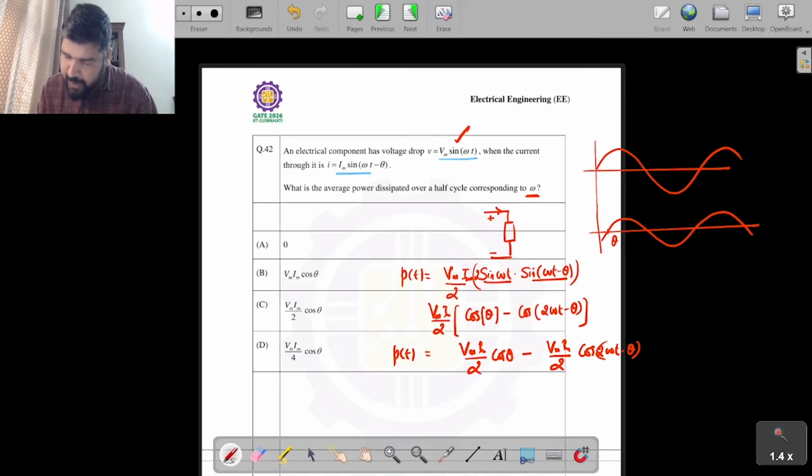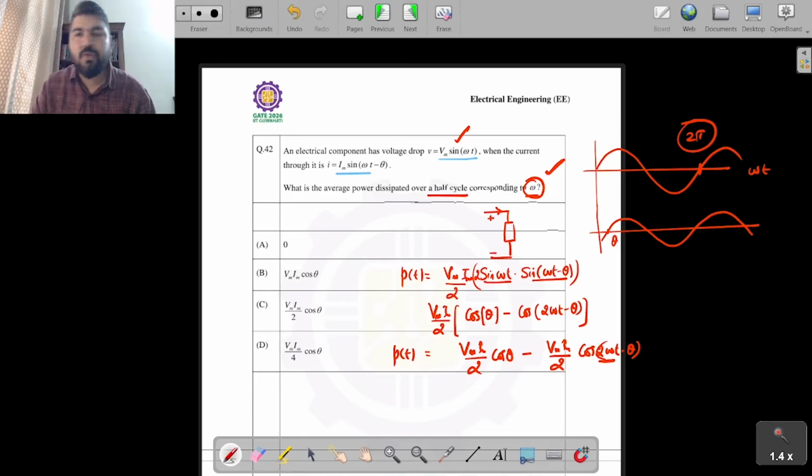Now we need to find the average value of this PT over half cycle. Now which half cycle? Power has 2 omega frequency, voltage and current have omega frequency. So we need to take the half cycle corresponding to this omega term. What does it mean? If you take the voltage or current, this is the full period, and let's say this axis is omega t.